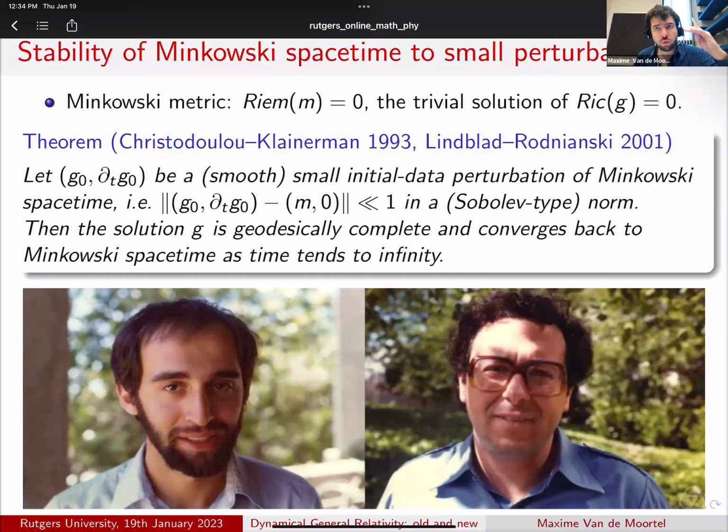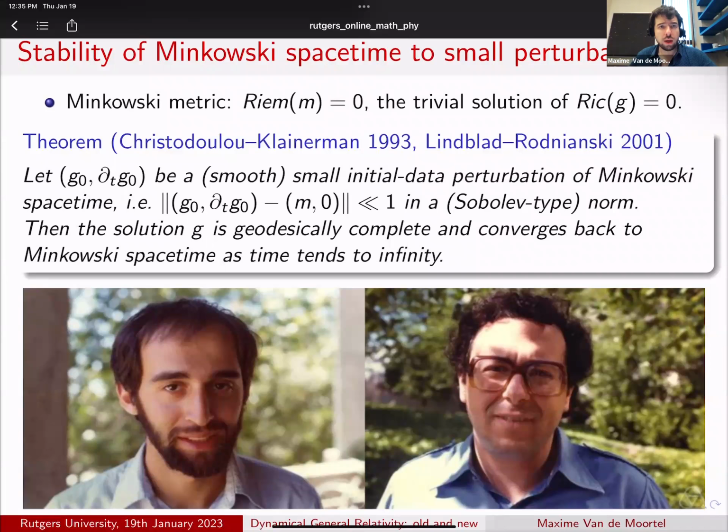And so your naive question is, you have a perturbation of Minkowski, and what happens to it? The framework to address this is the framework of the initial data of Shokebura. So take some data which is close to Minkowski, meaning very close to being flat. It has very small curvature, as encoded in some Sobolev type norm that we know and love and that you would use in PDEs. Okay, then see what happens.